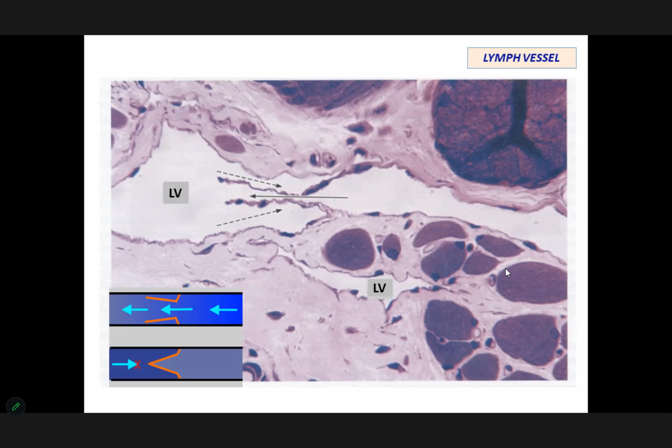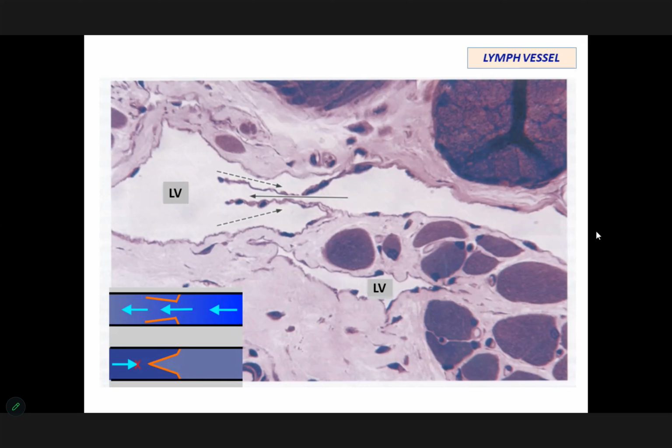When the muscles contract, they push the blood in this direction, leftward, and then when the muscles relax, blood tries to come back, but it enters these pockets of the valve. Valve cusps close, they come close together, and blood cannot go backwards. This is how the valves are working.